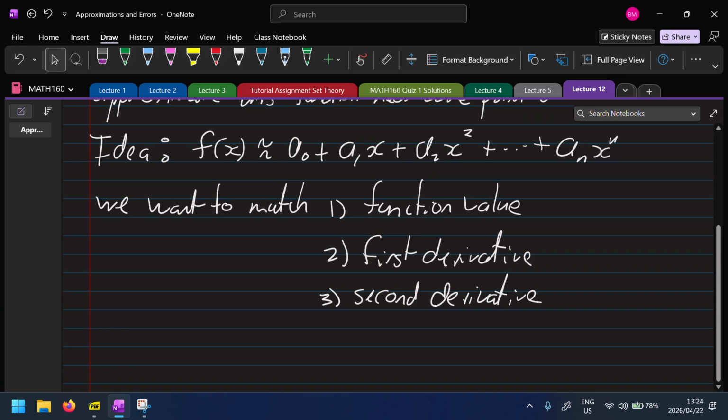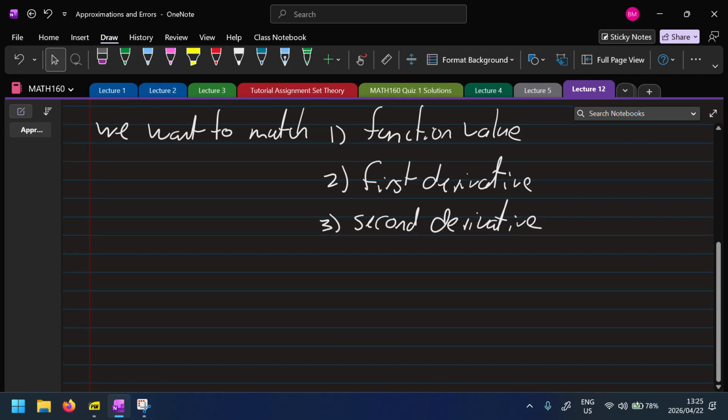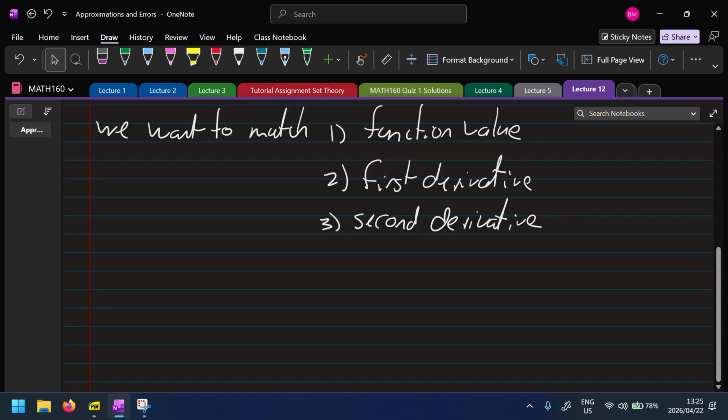Okay, so let's go through that. So we're going to match up the function value, the first derivative, and the second derivative. At x equals 0, we're going to treat that as our point of interest. Remember here, we're interested in some point. Then later on, we're going to shift it to any other point. Just to make things easier, we'll do it at x equals 0, and then shift our answers afterwards.